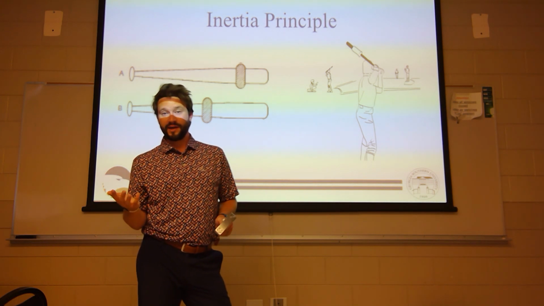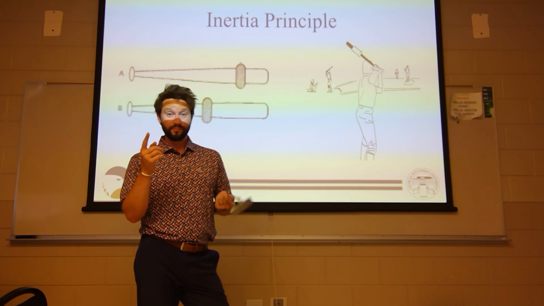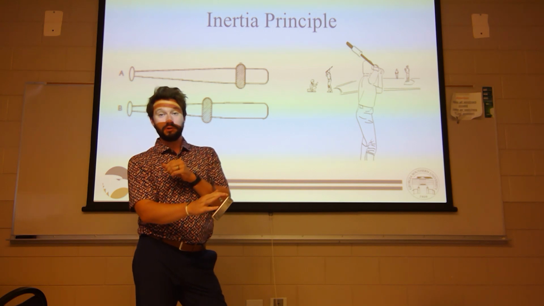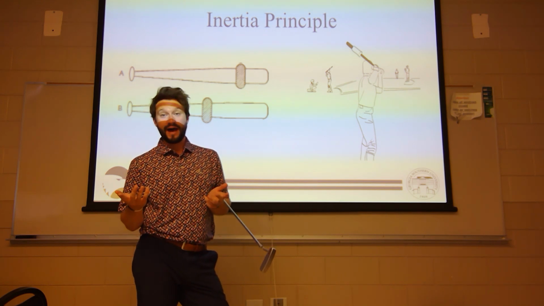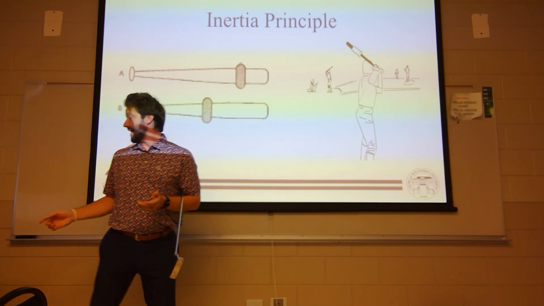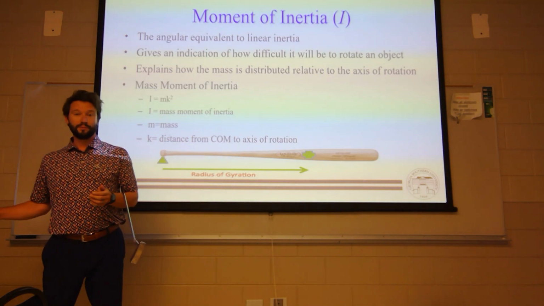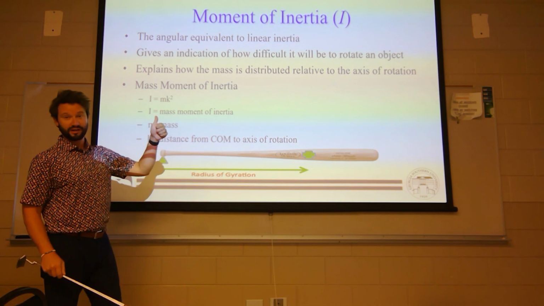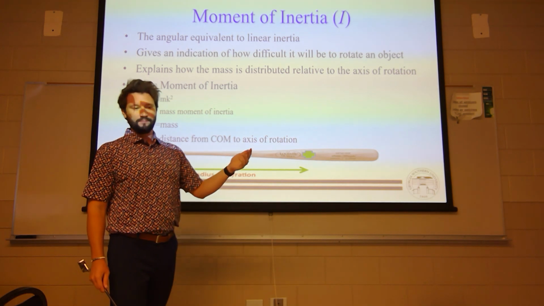A couple things are at play here. Number one, if we put a big, heavy thing at the end of the bat, it's going to increase the mass of the bat. If we go back to moment of inertia, increase the mass, moment of inertia is going to go up, harder to swing.